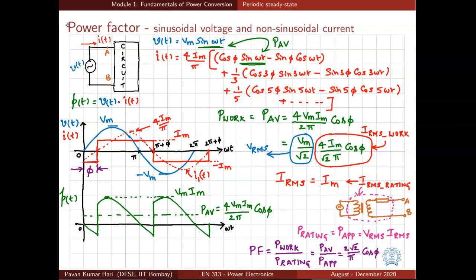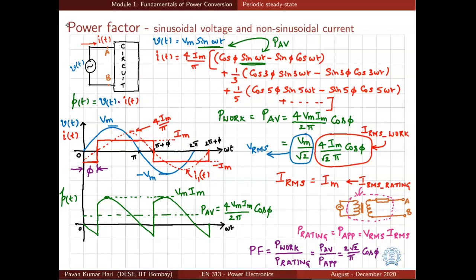So the average power is basically the average of the product of the first term in I of t and V of t. So that is 4 Vm Im by pi into cos phi into sin square omega t, and the average value of sin square omega t is half. So the power corresponding to the useful work done, or the average power, can be expressed as 4 Vm Im by 2 pi cos phi.